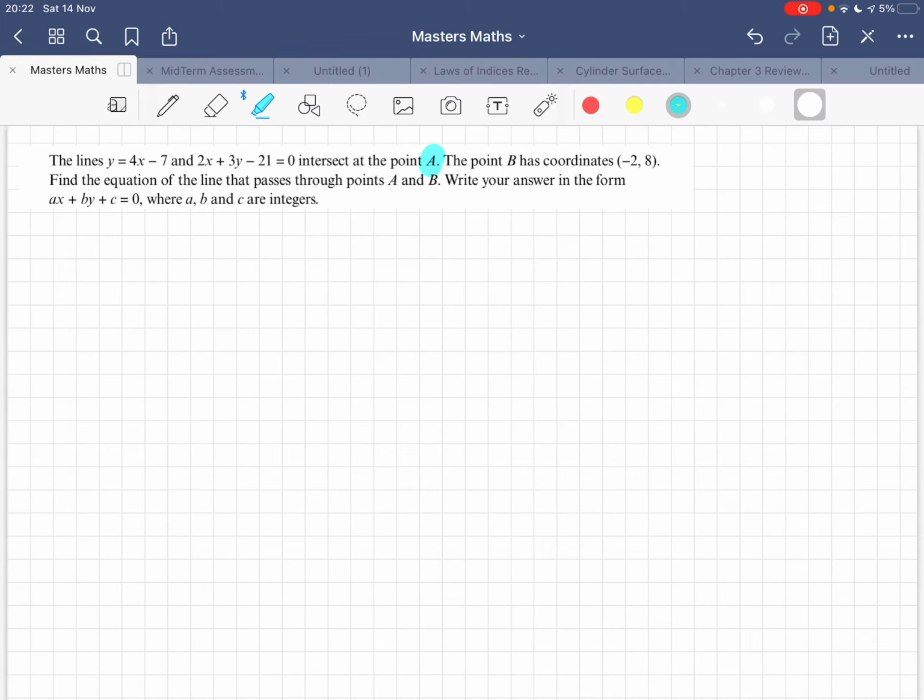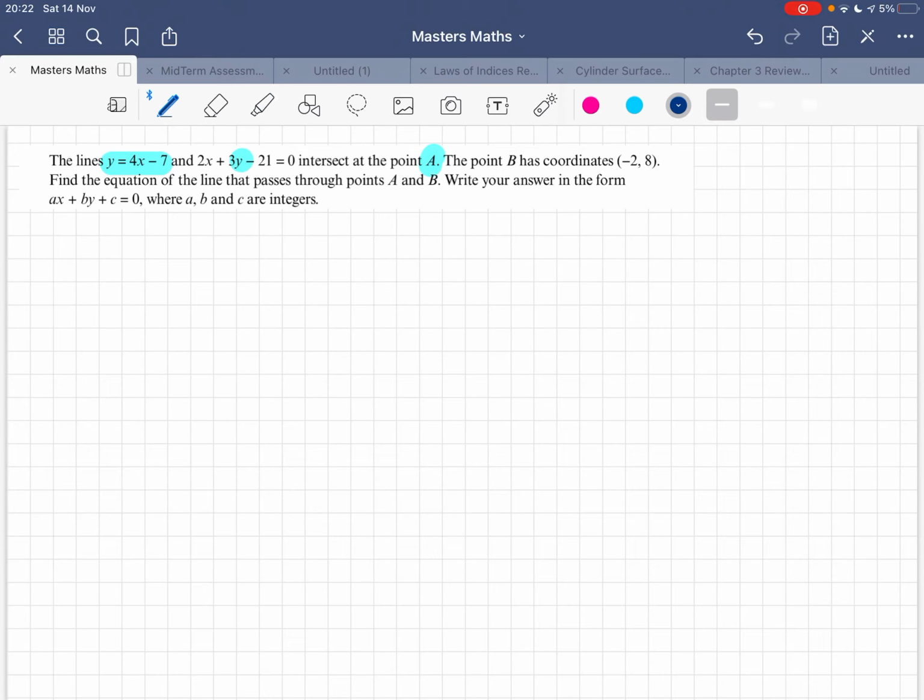I'm going to use substitution. I'm going to substitute y equals 4x minus 7 into where y is in that second equation, just because I don't want to rearrange that second one and put them equal to each other.